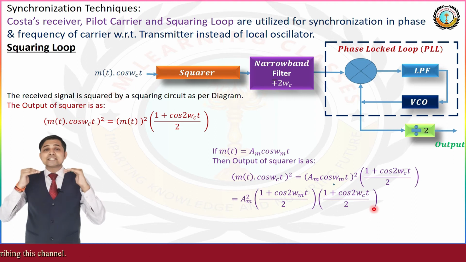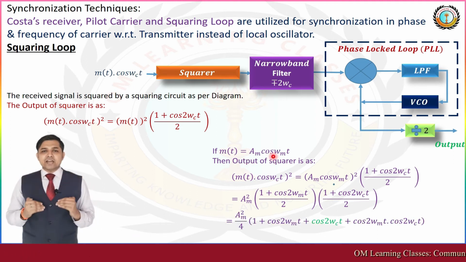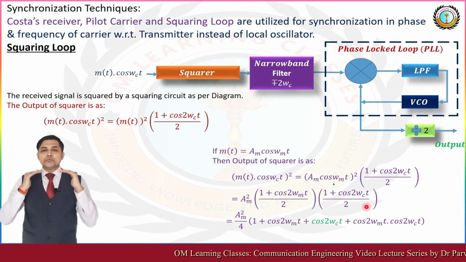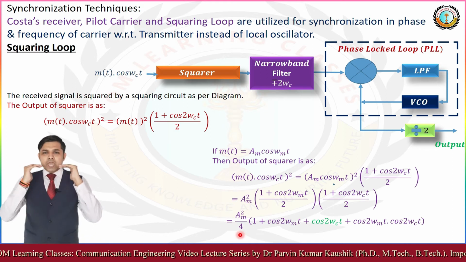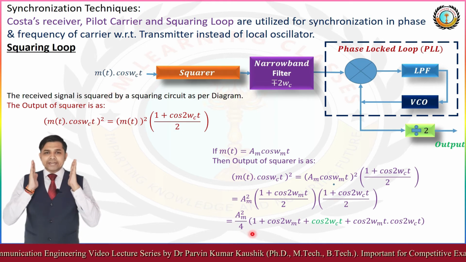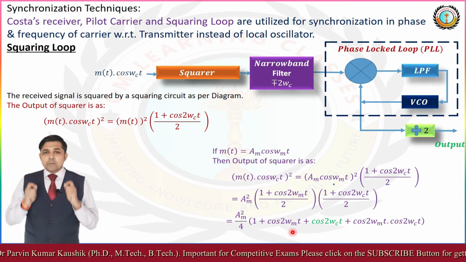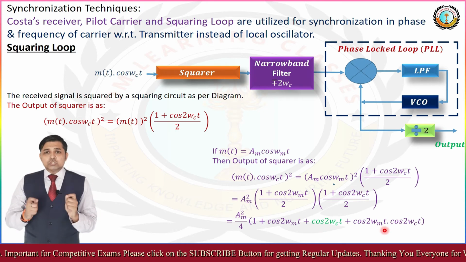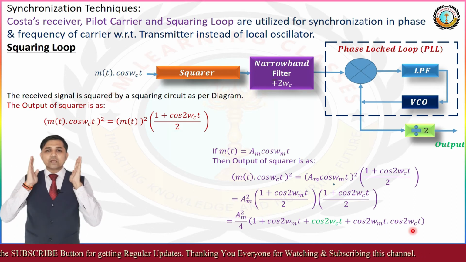By putting m(t) equal to Am cos omega m t, after squaring of this received signal, we have the output equivalent to Am squared by 4 [1 + cos 2 omega m t + cos 2 omega c t + cos 2 omega m t cos 2 omega c t].